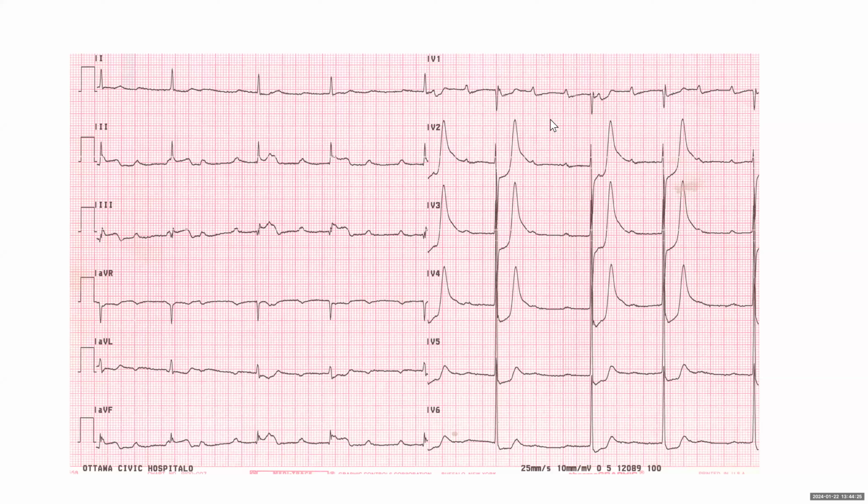Okay, good. So most of you mentioned complete AV block, junctional escape rhythm, acute inferior, acute posterior, STT changes. I think some mentioned sinus tachycardia.